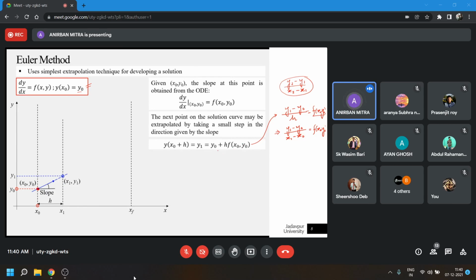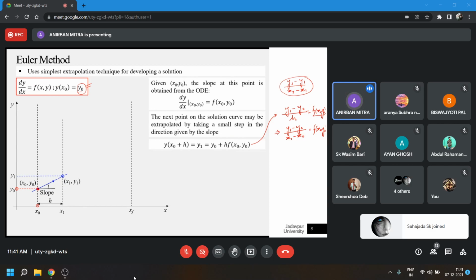Now you have to consider what is known on the right hand side. Is y0 known? Yes, of course. We are told what y0 is here. Do we know h? Of course, h is under our control because we control the step size. So we know h. It has to be a small enough number. The function f of x, y, is it known? Yes, of course it is known because we are given the ordinary differential equation. We also know x0 and y0.